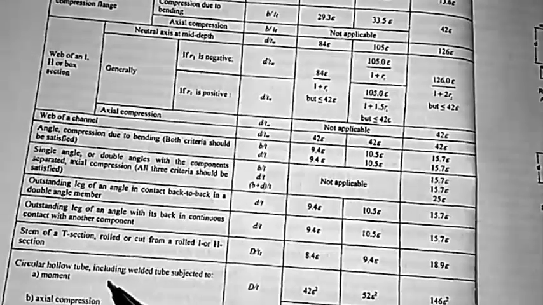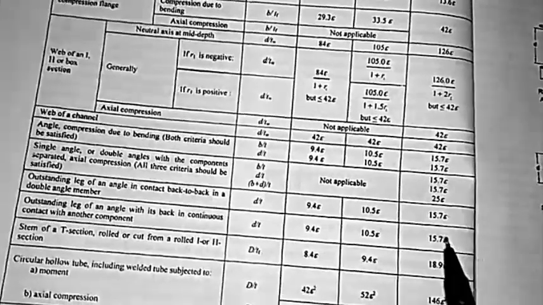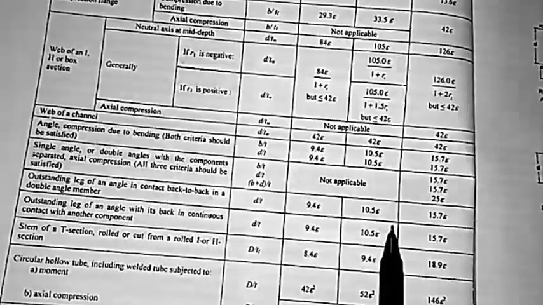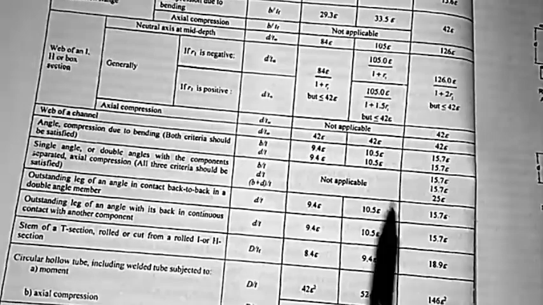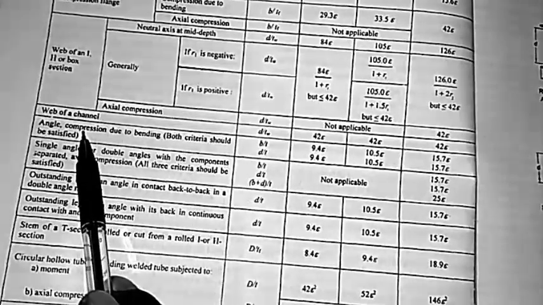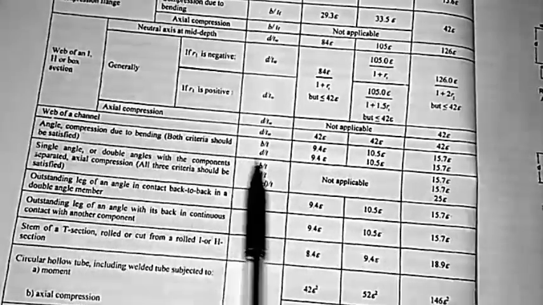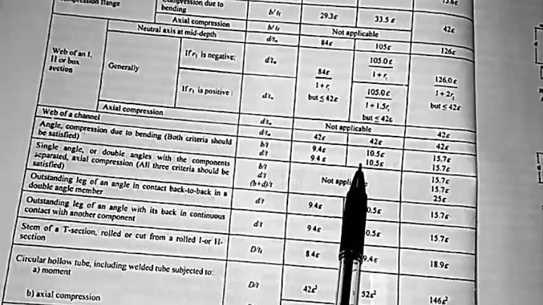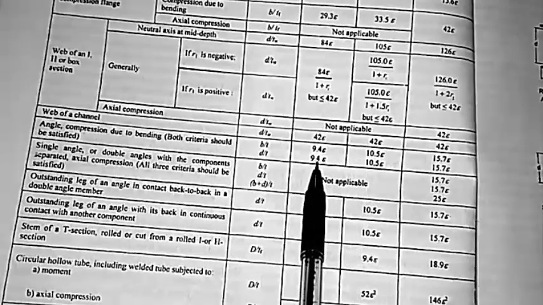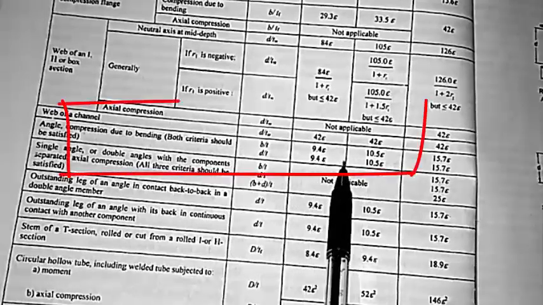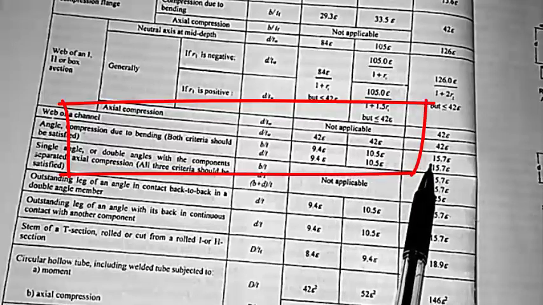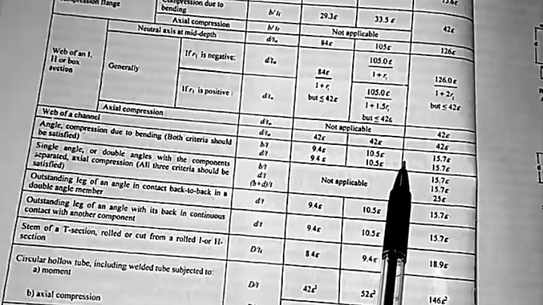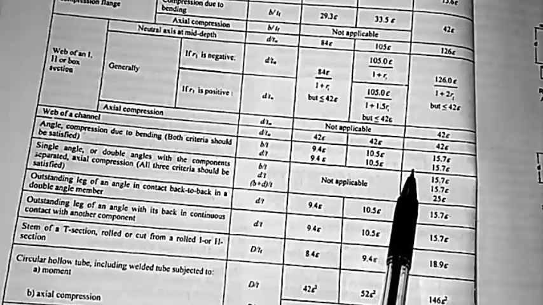So we just need to calculate what is the d by t ratio, and we just need to check whether this is the angle or compression due to bending. It has to be in terms of 9.4 or 10.5 or 15.7. So accordingly we can cover it.